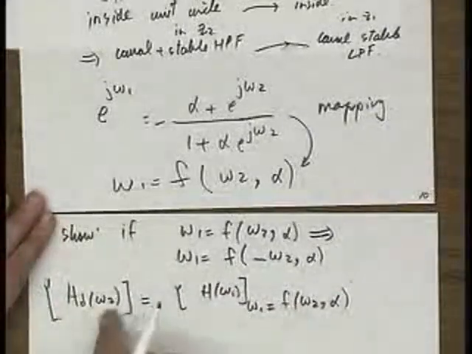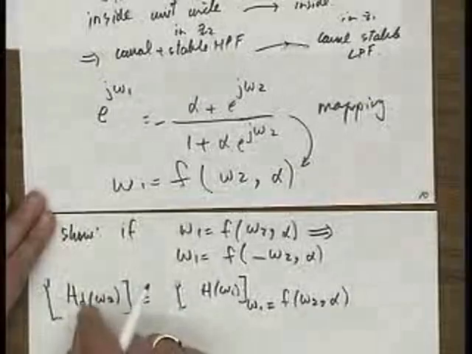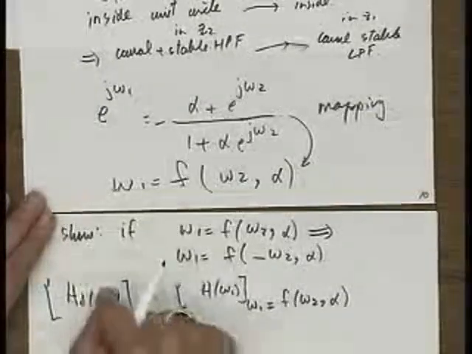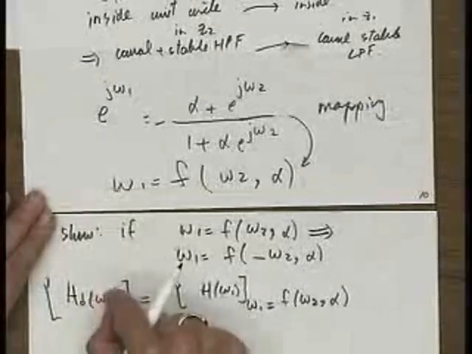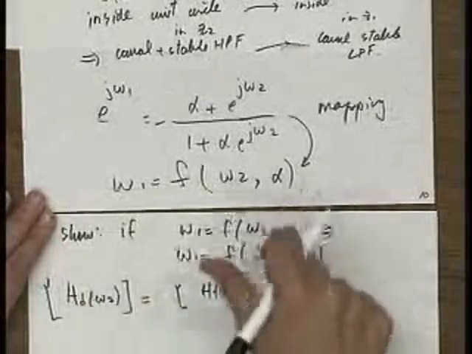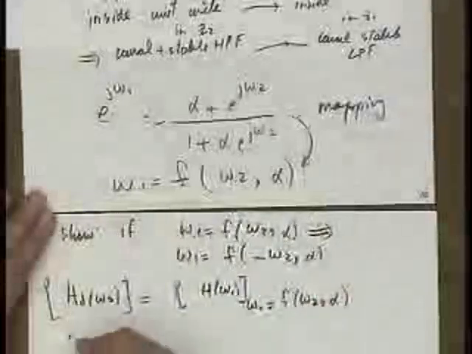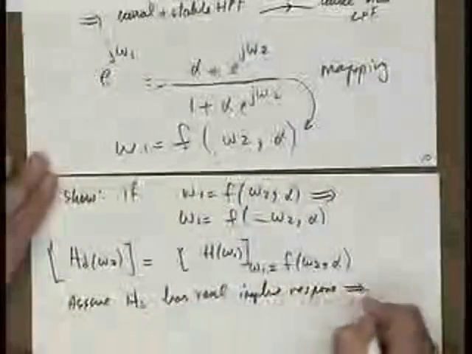If I assume that this filter here has a real impulse response, then the magnitude of its frequency response is symmetric. So I can easily show that these two things are more or less the same thing. So assume that H sub d has a real impulse response. And what does that conclude?